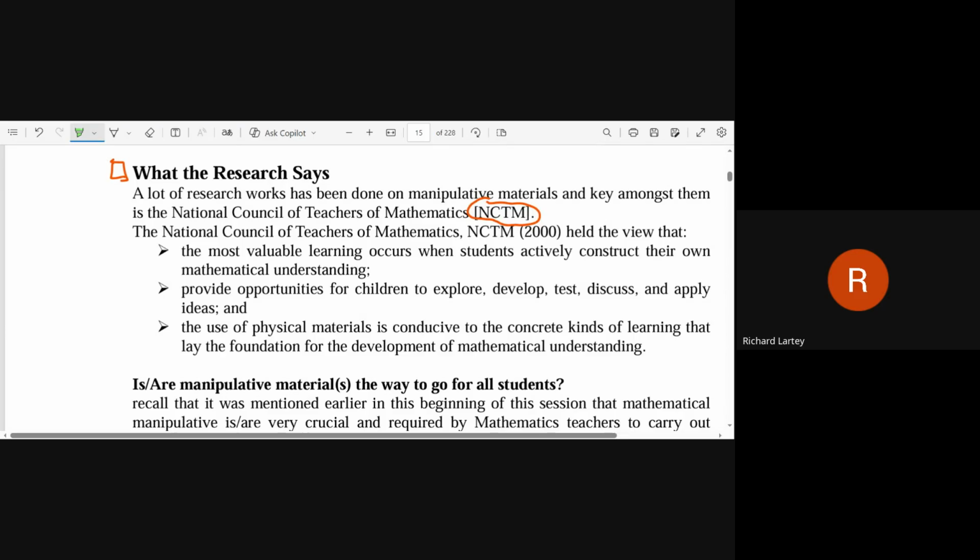Two, provide opportunities for children to explore, develop, test, discuss, and apply ideas. And the third one, the use of physical materials is conducive to the concrete kinds of learning that lay the foundation for the development of mathematical understanding. Okay, thank you very much. I think they are self-explanatory. Or do you want to add something, Natty?